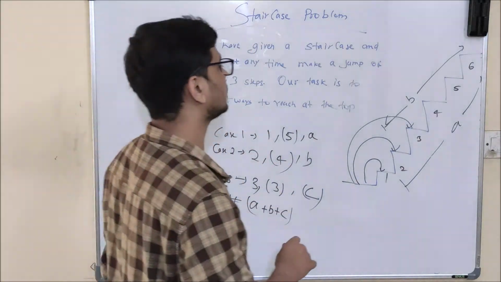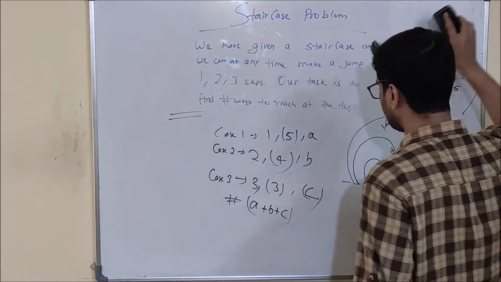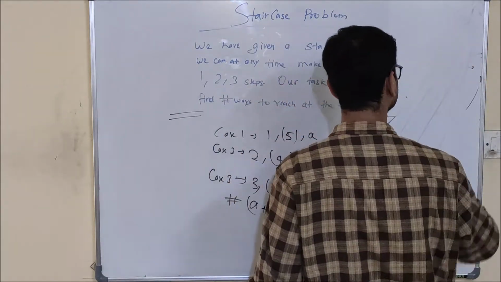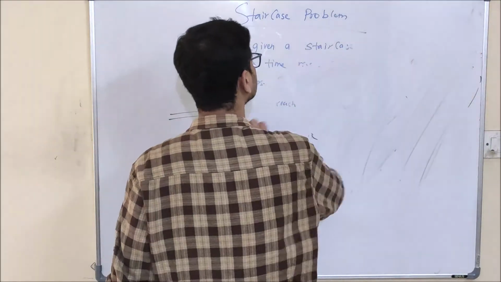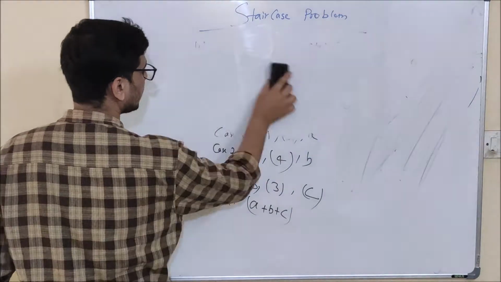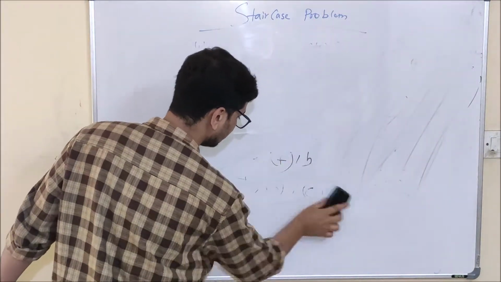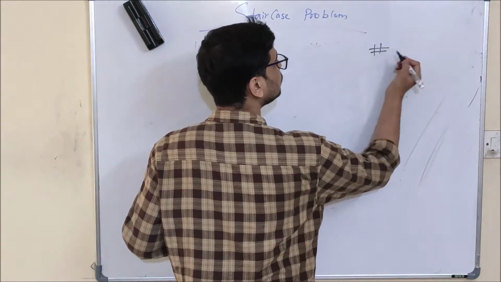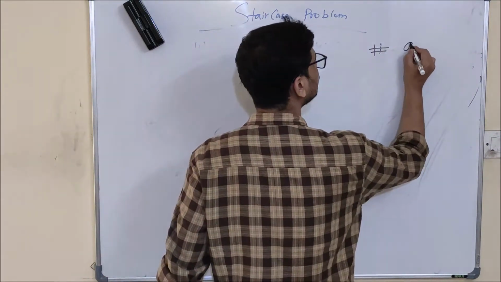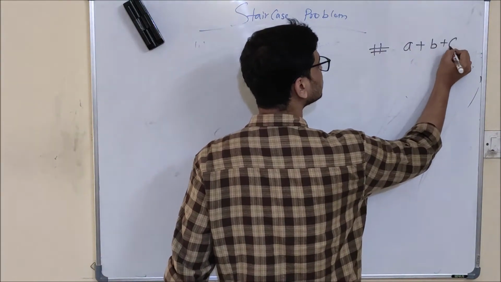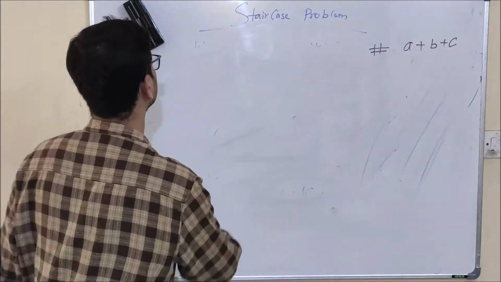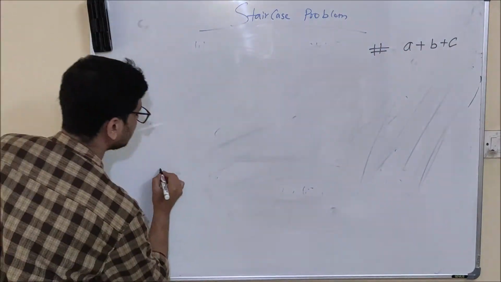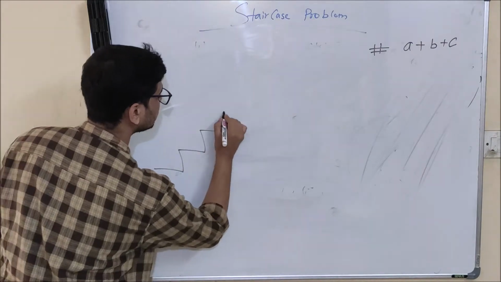Now let's take an example of a staircase having 7 stairs. And for the time being, remember this thing, that the number of ways to jump a staircase of 6 stairs is A plus B plus C. Remember this thing. Now take an example of 7 stairs.